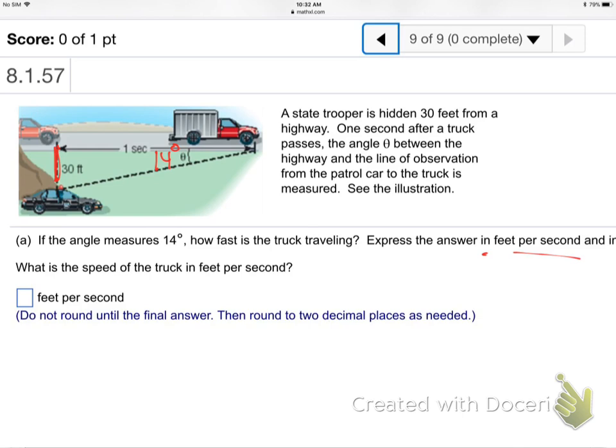Answer in feet per second. Oh, so that's just a fancy way to say, what is this distance x? Because he covered that distance x in 1 second, it says, right? So how many feet that is will be his feet per second, because he did that in 1 second.